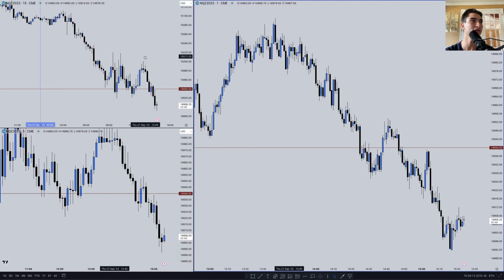Like the manipulation move that set up the true move, I like to measure that for fib projections just to give me an idea for where we can go. But fib projections by themselves aren't helpful. You need to understand where the market's drawing to and what key PD arrays are at those levels. Once I get fib projections aligning with those key levels, I know I have a likely draw on liquidity that's going to want to be delivered.